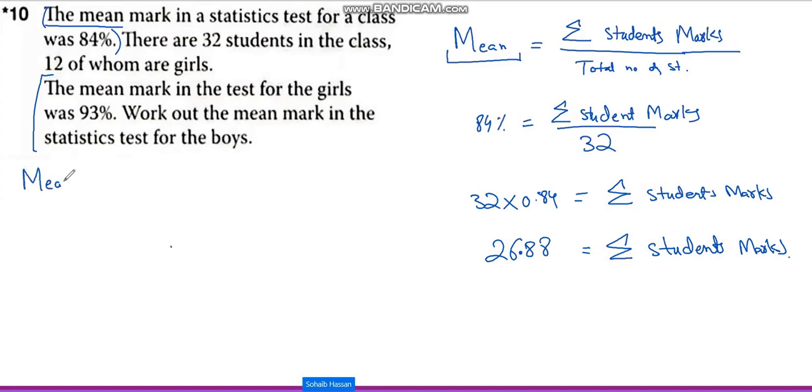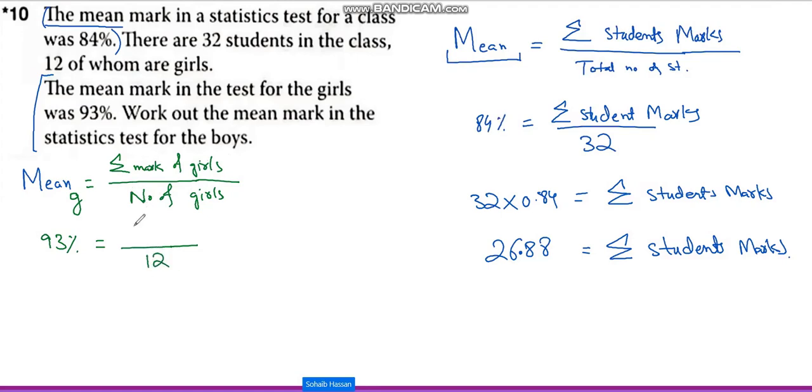Means we can also represent this information in terms of the equation of mean: the mean of the marks of girls is 93%, means the sum of the marks of girls divided by the total number of girls. And mean is 93%, means 0.93, and we know that the total number of girls is 12. So let's find the sum of marks of girls, and that will be 12 times 0.93. So we will get the marks of girls, and that would be 11.16.